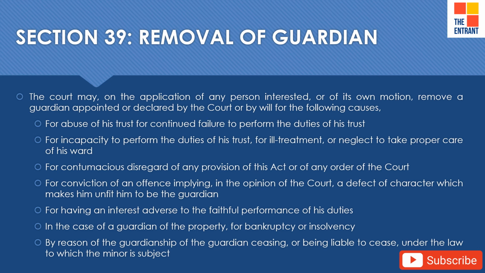In the case of a guardian of the property, for bankruptcy or insolvency, by reason of the guardianship of the guardian ceasing or being liable to cease under the law to which the minor is subject.